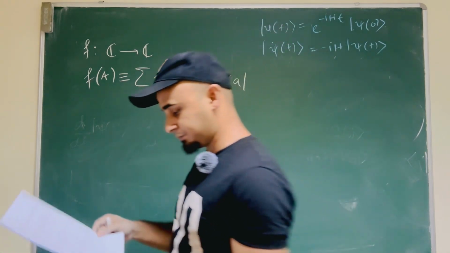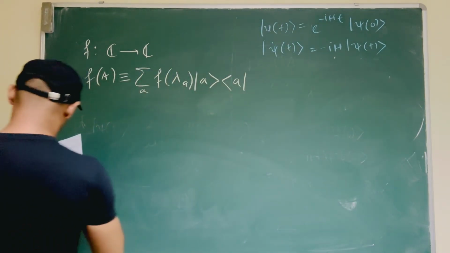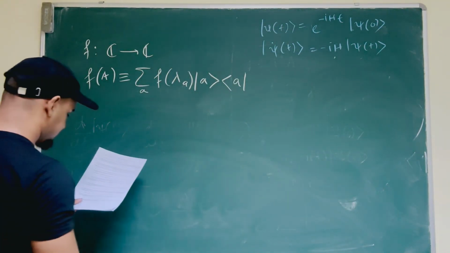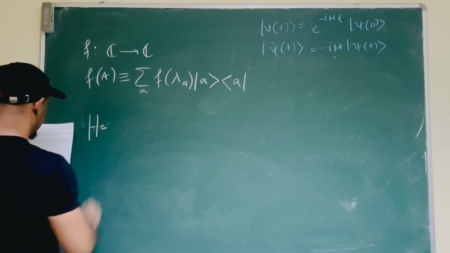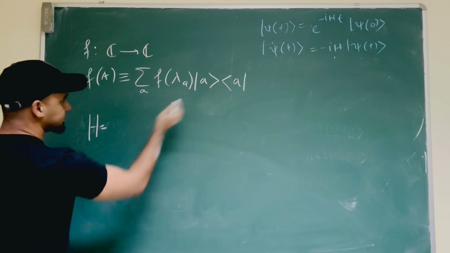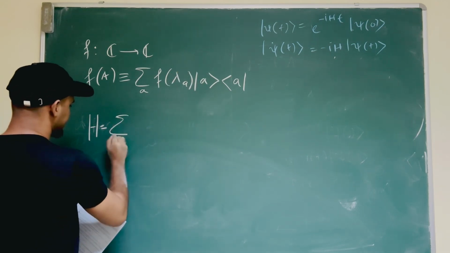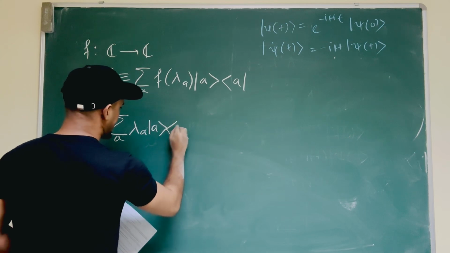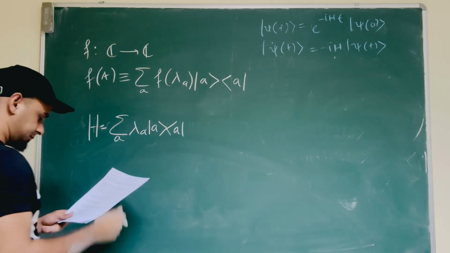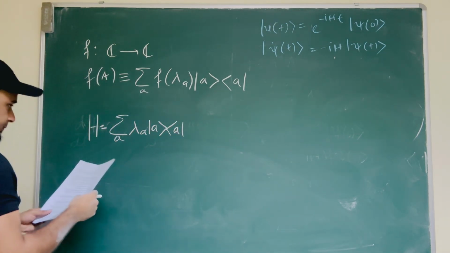So let's go. What we are going to do here is start with the spectral decomposition of the Hamiltonian H. We can write it as the sum of lambda A projector. So what does it mean?